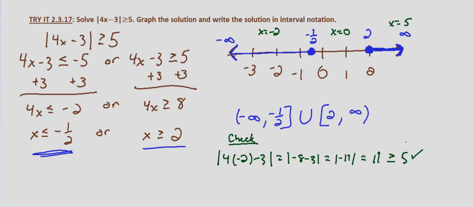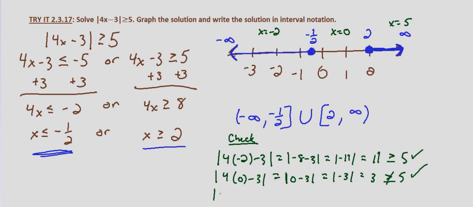So that checks. At 0, we have 4 times 0 minus 3 inside the absolute value, which is 0 minus 3 inside the absolute value, which is the absolute value of negative 3, which equals 3. That is not greater than or equal to 5. So that checks because x equals 0 is not part of our solution.